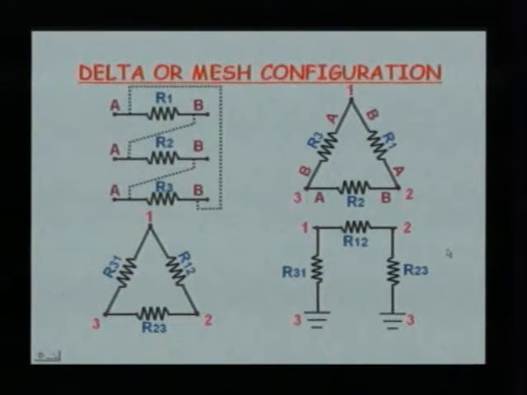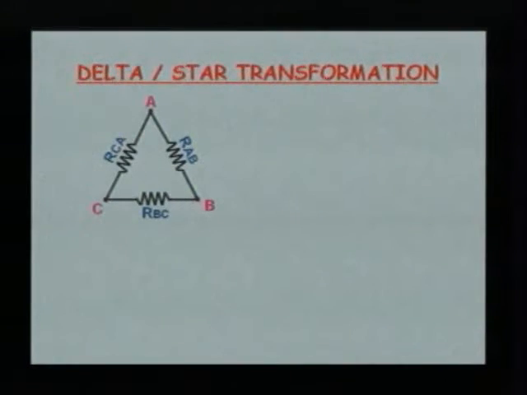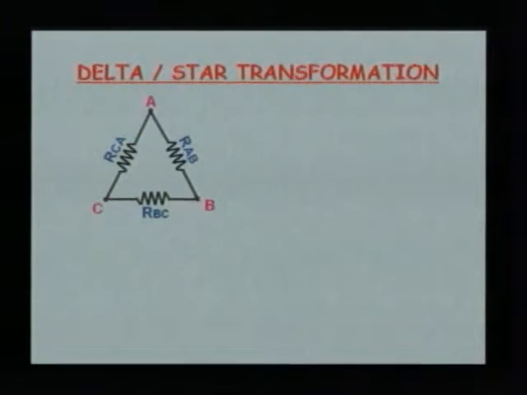Now, we came through knowing a star connection as well as a delta connection. Let us look how to convert the star or delta into the other one. First of all, let us focus upon converting a delta network into a star.